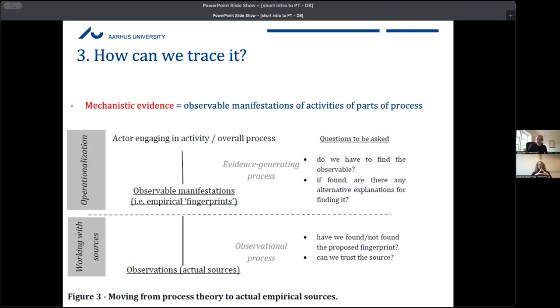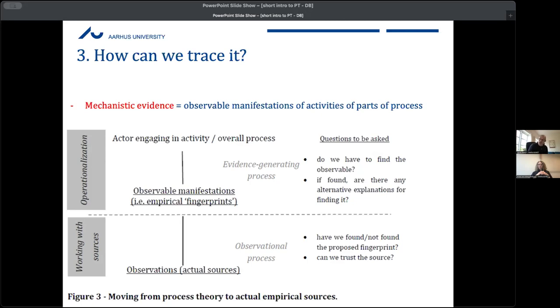An example of this could be, well, if a suspect committed the crime, in theory, you would expect that activity, committing the crime, to leave an observable. One observable could be that the suspect confesses. And you could argue, well, why would somebody confess to a crime unless they actually committed it?